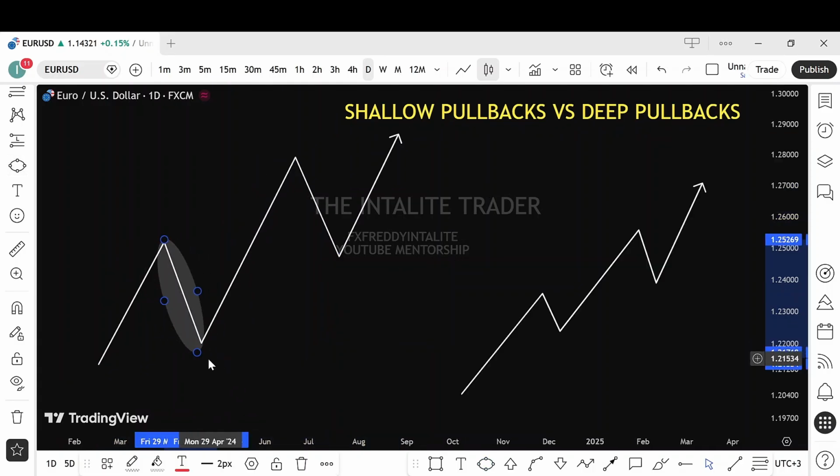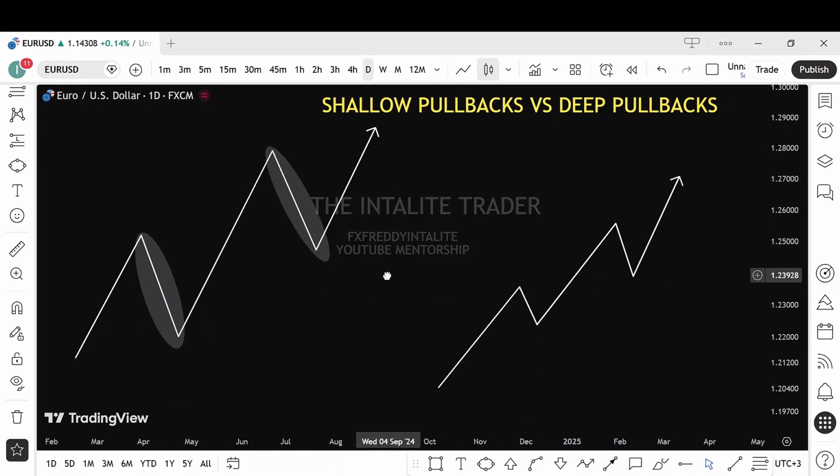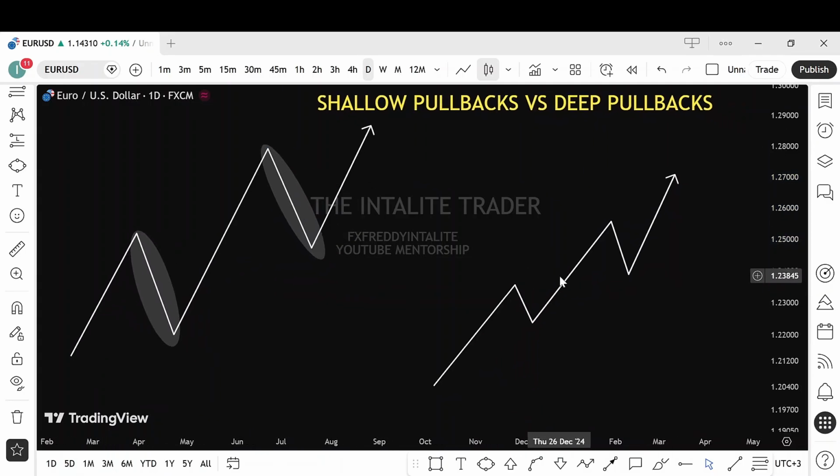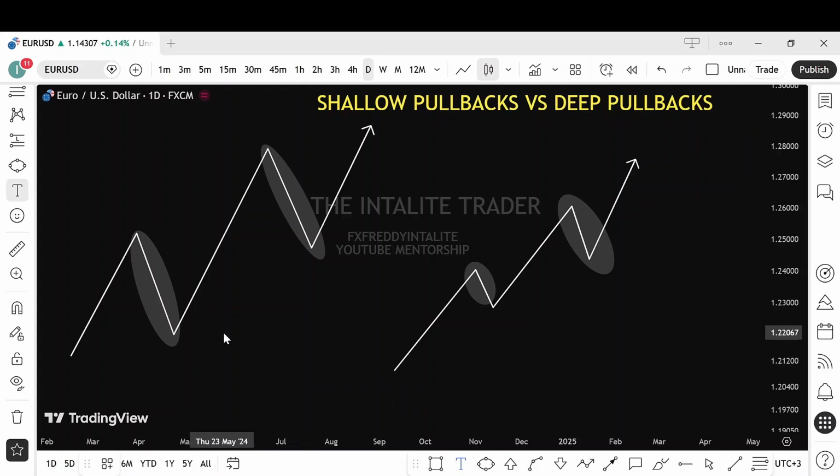This one, we shall call it a deep pullback. The same applies to this. And then this one is a shallow pullback. This one, a shallow pullback. So let me write here, this is a deep pullback.